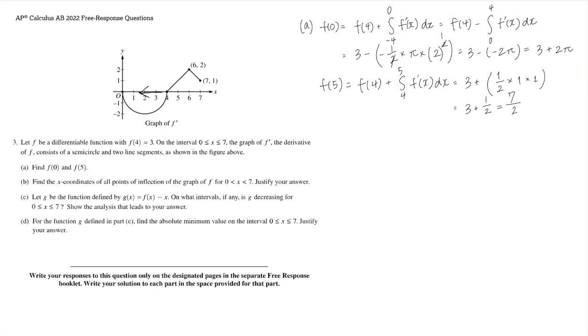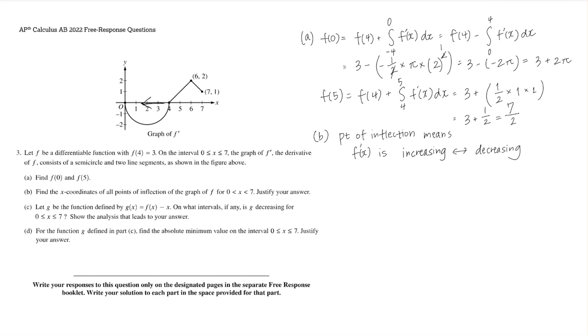And for part B, it's asking to find the x-coordinates of all points of inflection of the graph on the interval 0 to 7. A point of inflection means that f prime of x is changing from increasing to decreasing, or from decreasing to increasing. By looking at the graph, x equals 2 and 6 are those points.